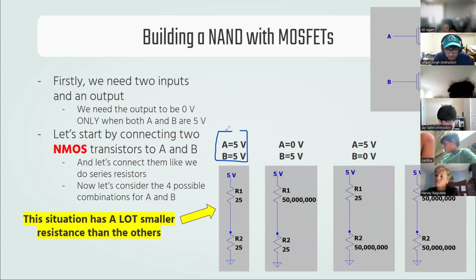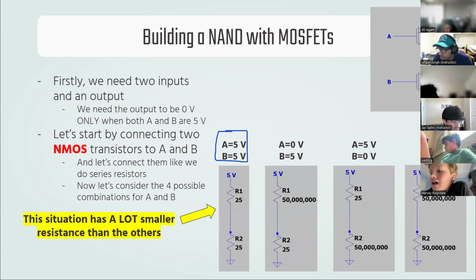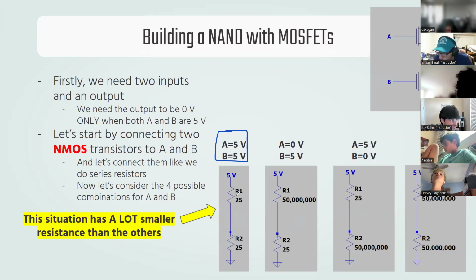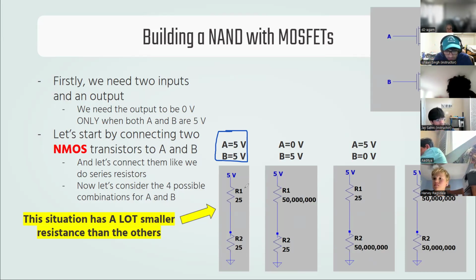Focus on this one first. If A is 5 volts and B is 5 volts, we've turned the transistor on for both of these. And so both of the resistors that we replace them with are going to be small, right? An NMOS is turned on for high voltage, and an on transistor is a small resistor. So we have this right here.